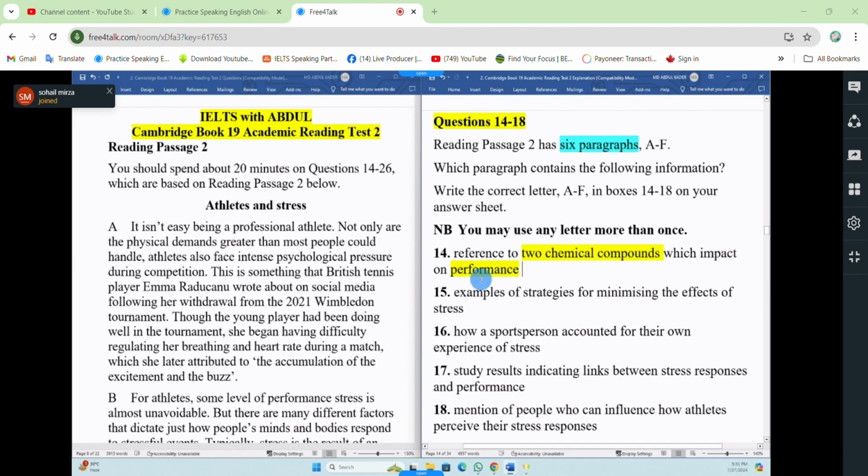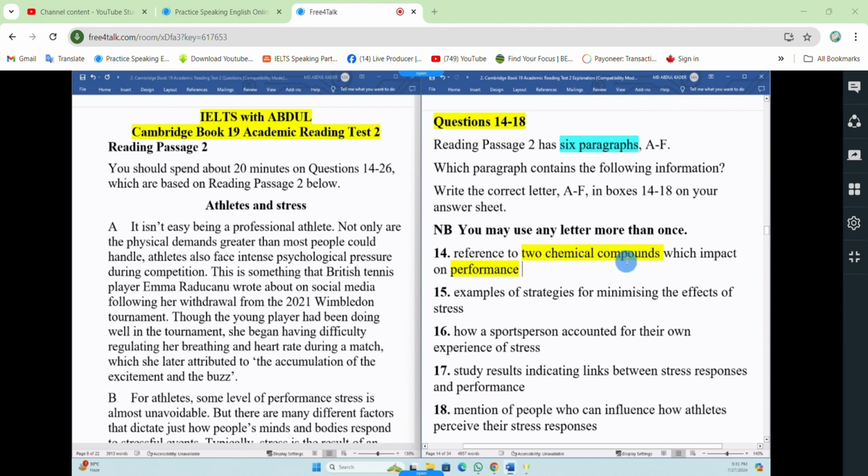Here we can see performance. While we are performing a particular job, for example performing dances on stage, at that time in our body there are some chemical compounds that will work, right? So that is the meaning of this first question.